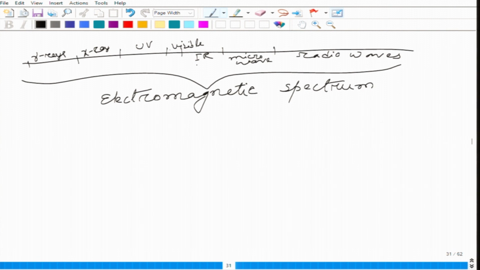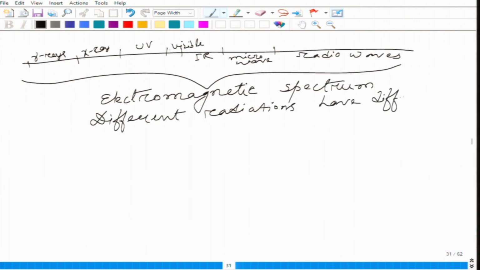These different types of radiations have different properties. They are basically divided according to their frequency and wavelength.